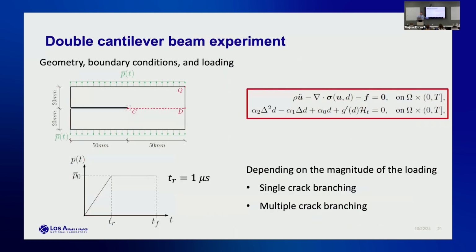Let's look at some interesting problem, the double cantilever beam. So we have a beam, we pull the top and bottom side. We increase the load linearly until it reaches the plateau. Depending on the magnitude of this load, we can get a single crack branching event or multiple crack branching event.